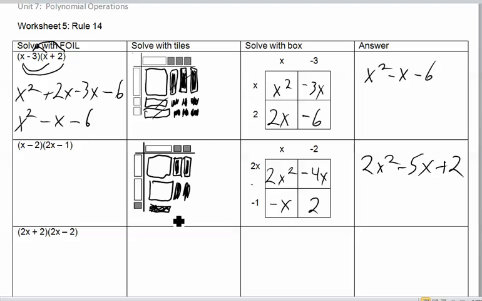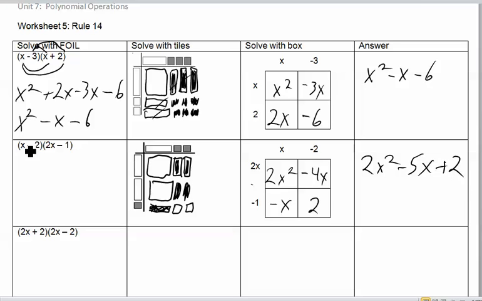And then a negative times a negative is a positive, and again a negative times a negative is a positive. So we get the same thing: 2x squares, 5 negative x's, and 2 positive 1s.